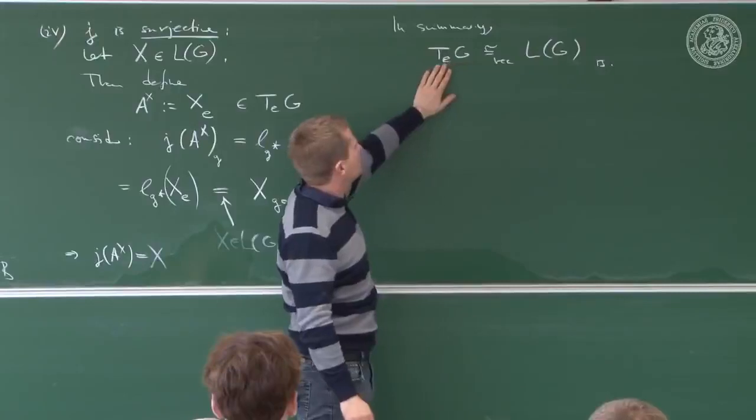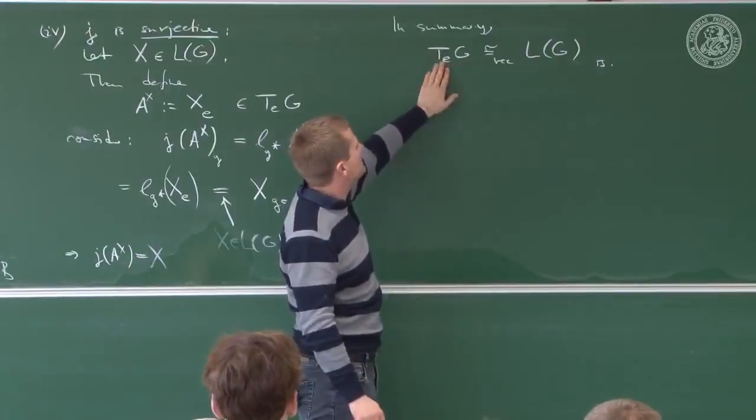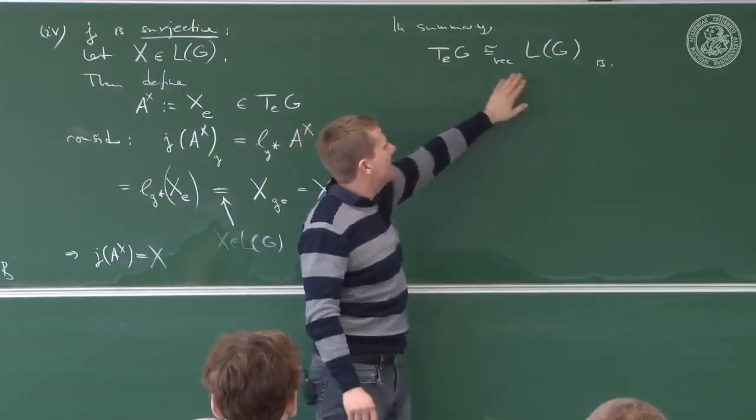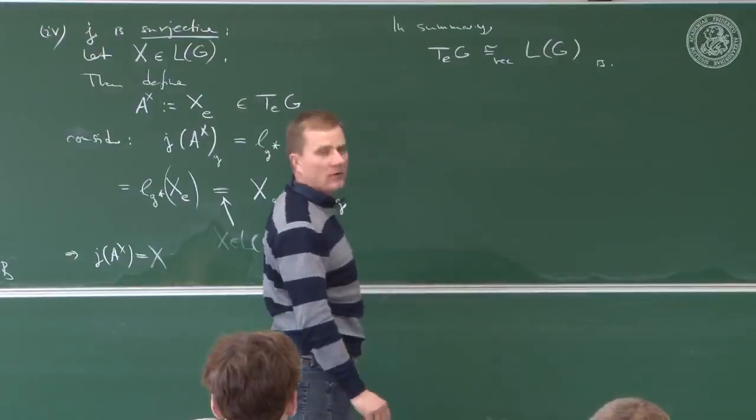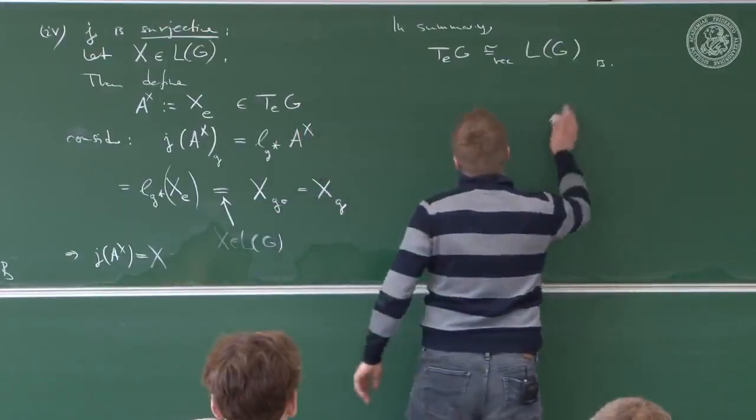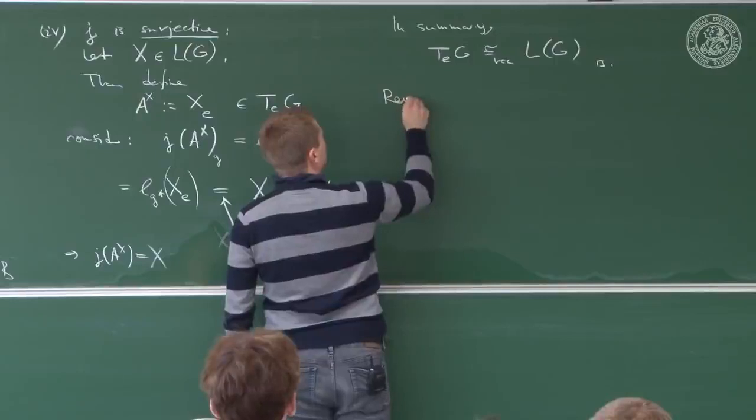Whereas if I now restrict to these elements, only to these vectors, I cannot inherit this bracket anymore, right? So a remark.